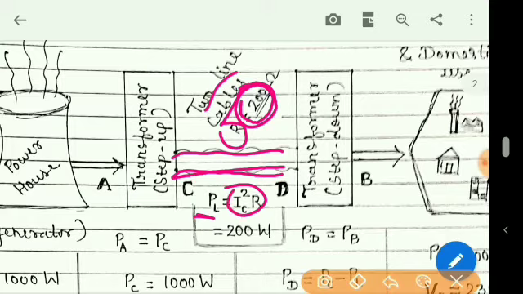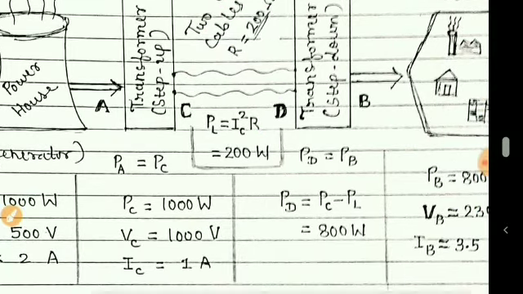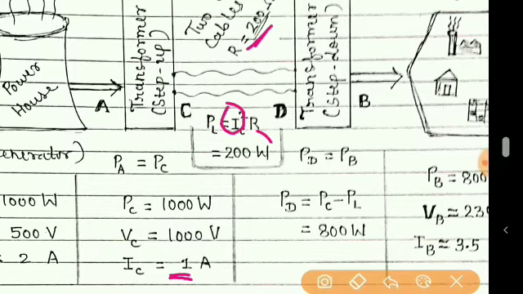We have seen this formula in our earlier topic. What is current at present? Current is 1 ampere and resistance is 200. So I square R, I is 1 and R is 200 and square of 1 is 1 only. So 1 into R, that is 200.